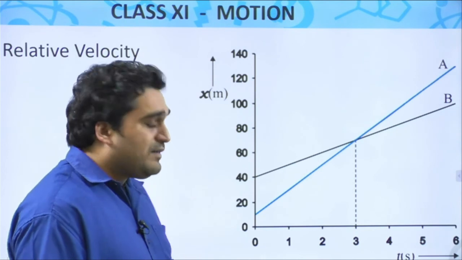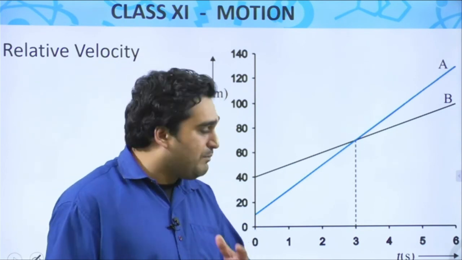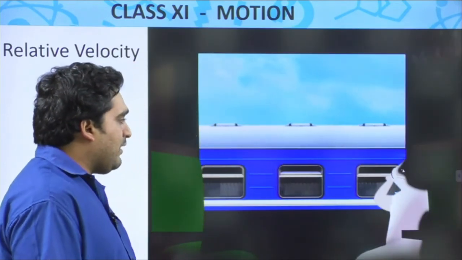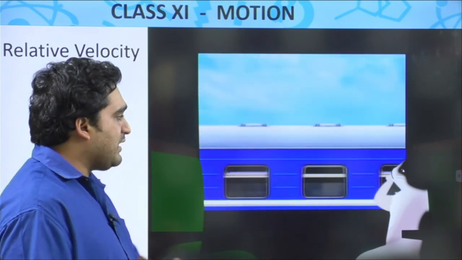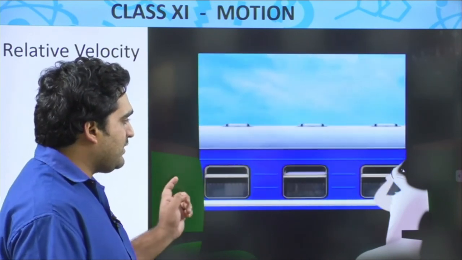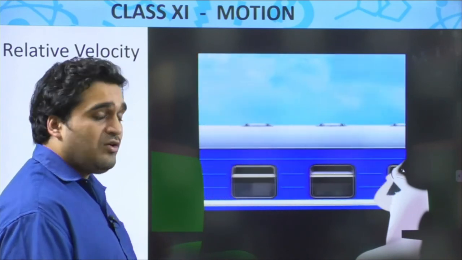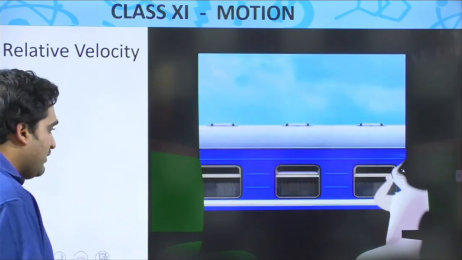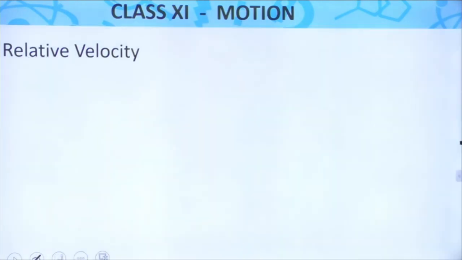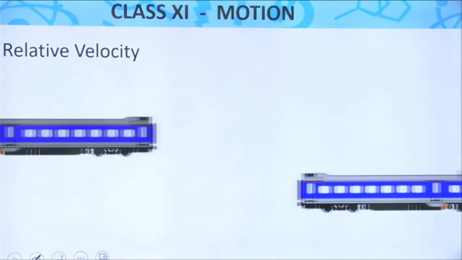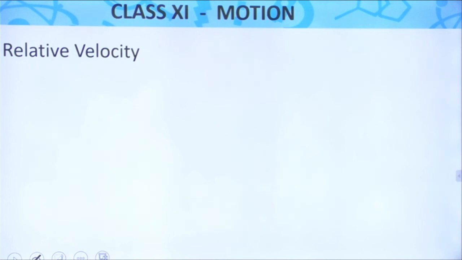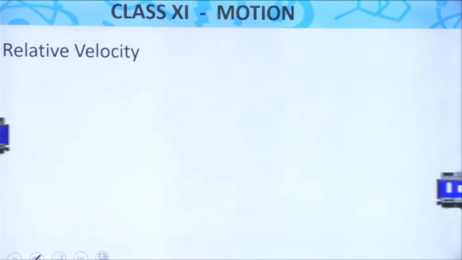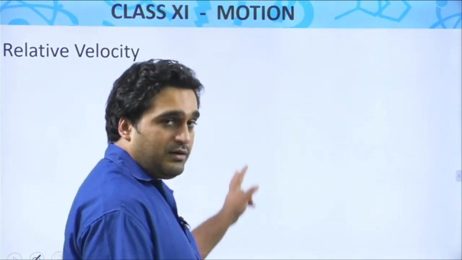Now there's also another type of case where we can represent this relative velocity. The motion of the train is in the opposite direction. From the outside perspective, these two trains are passing each other, meaning they meet at a given point.